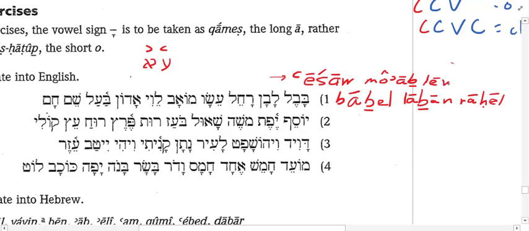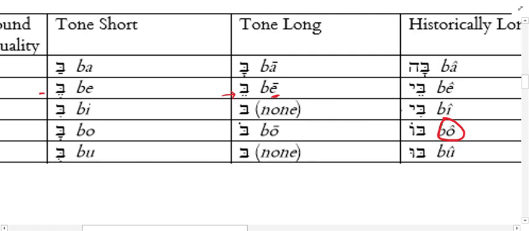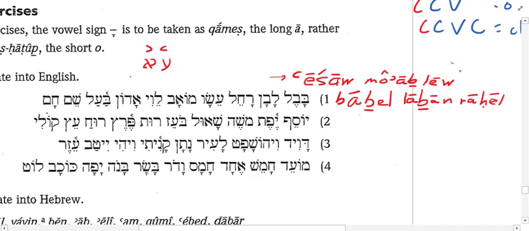So use the W for the vav, and then the kirik yod is a historically long vowel. Kirik yod is this middle one right here. Kirik and the yod together is an I with the pointy party hat. So we want to make sure we put the I here. Don't dot it, just put the party hat over it. Levi. This is Levi.